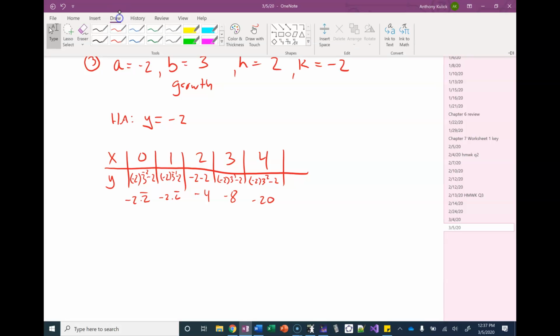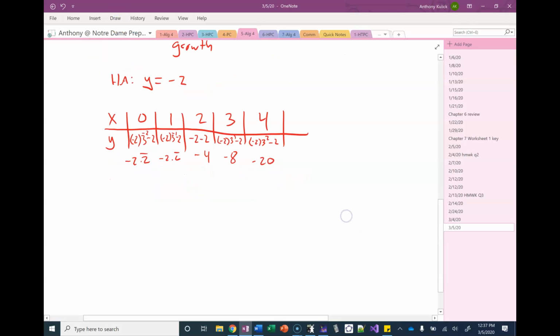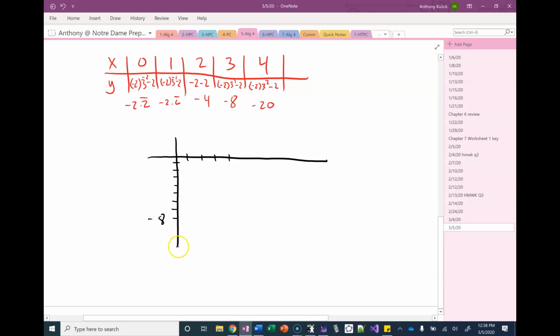Okay. So let's go ahead and draw our graph. One, two, three, 4. 1, 2, 3, 4, 5, 6, 7, 8. 9, 10, 11, 12, 13, 14, 15, 16, 17, 18, 19, 20. Okay.